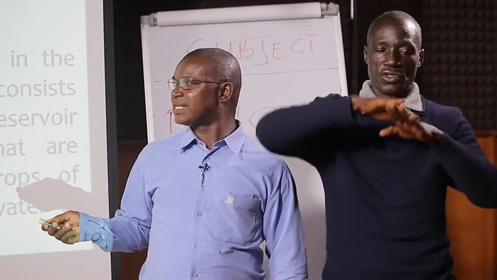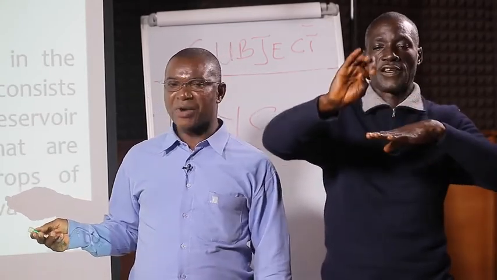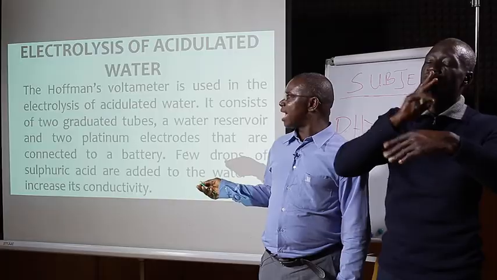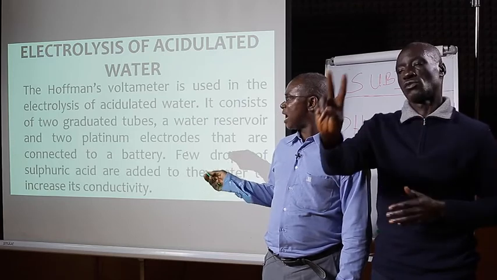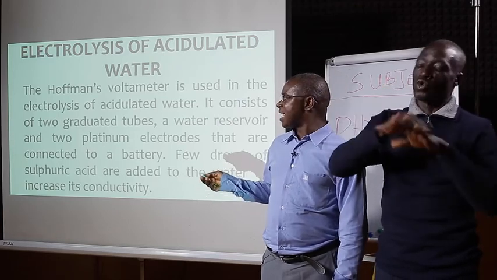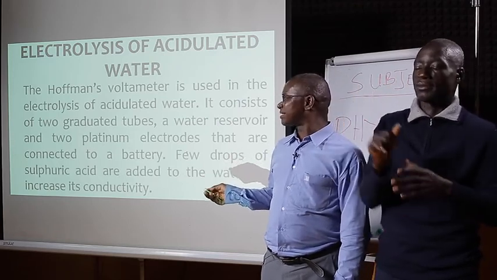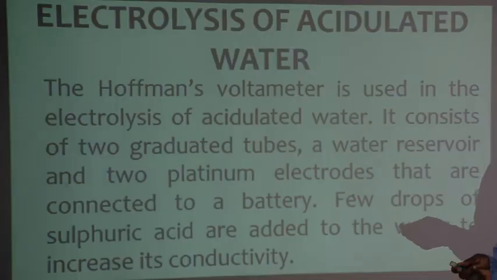Then on the electrolysis of acidic water, we have this instrument, a bit complicated compared to our voltameter, known as the Hoffman voltameter. It contains, as my colleague has said, a glass tube with a reservoir. The glass tubes are on both sides. One has the cathode and the other the anode.